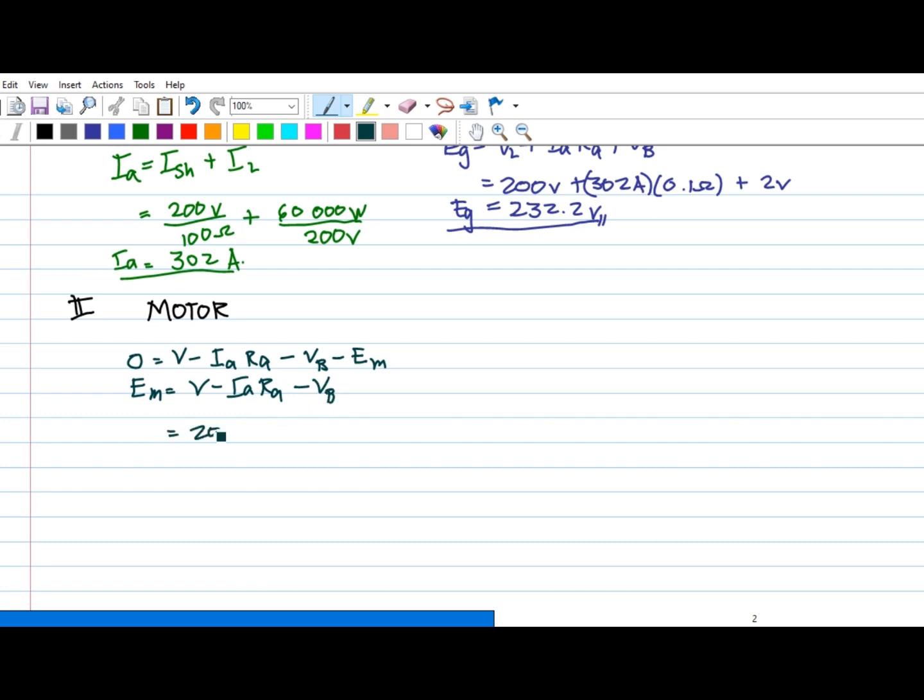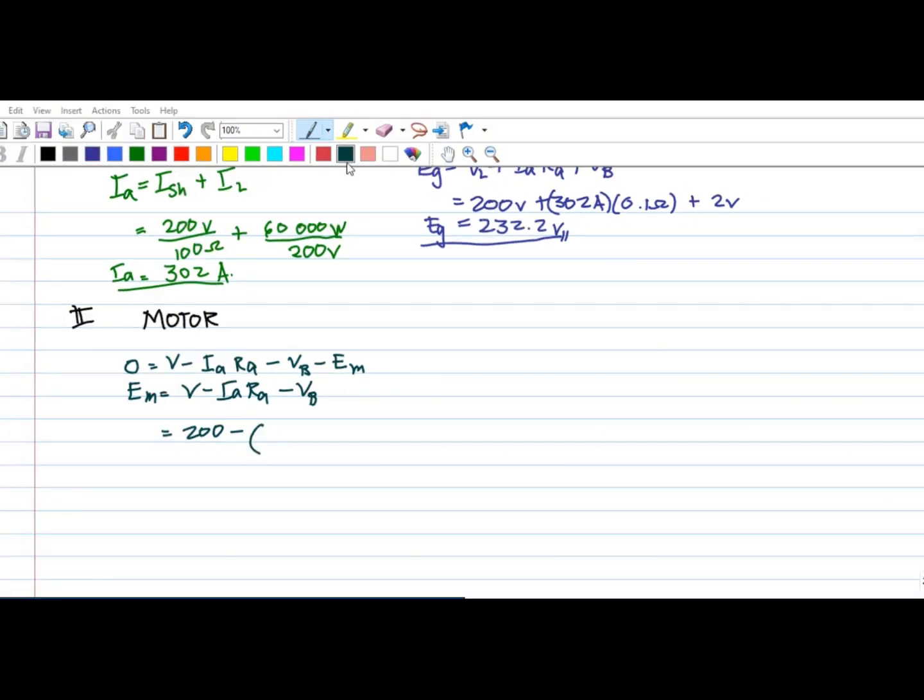We have 200 minus, so I_A is 5,000, as a motor it draws 5 kilowatts, over 200 volts, times 0.1 ohms, minus 2 volts. So we have 195.5 volts.